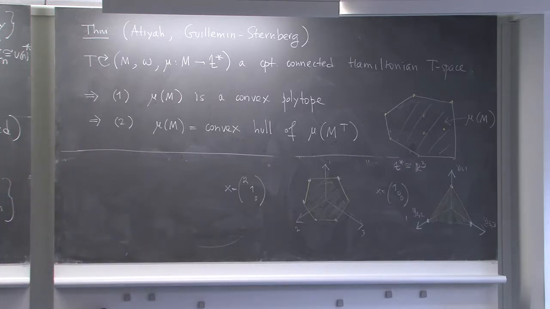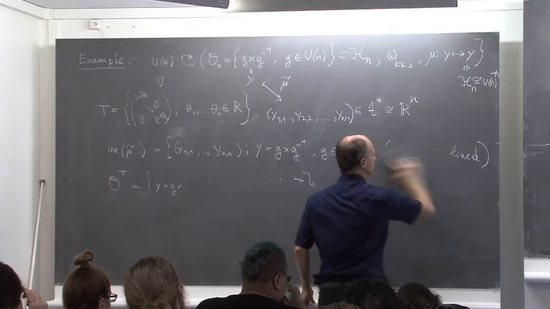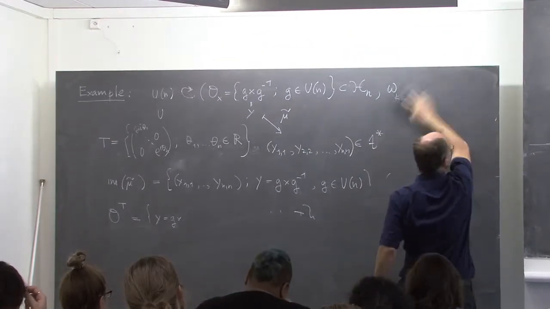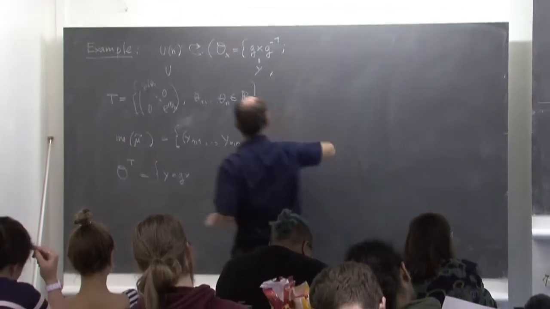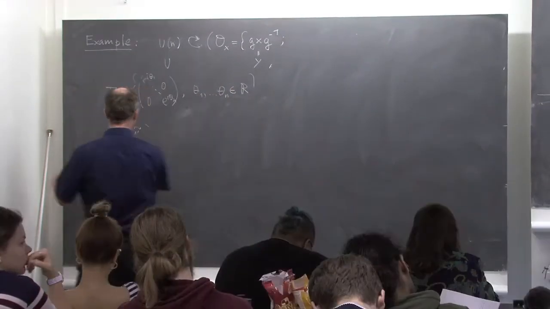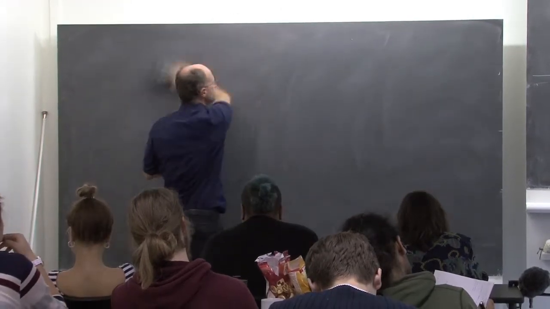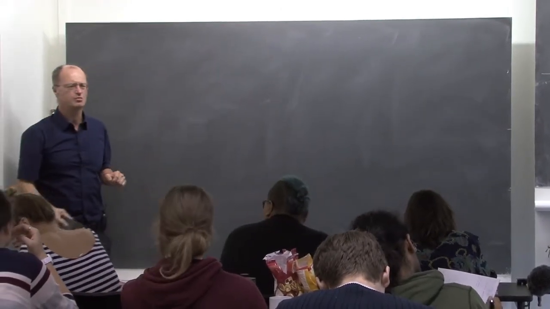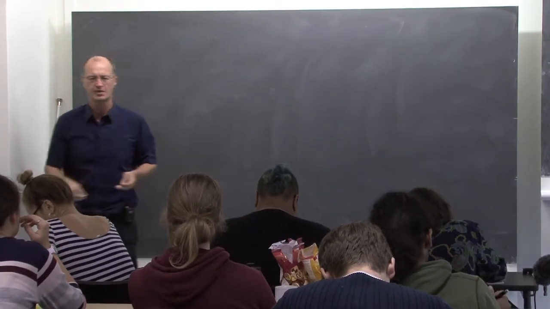OK, so now we'll try to advance in the direction of the proof of the convexity theorem. I don't think we've finished the proof today. And I must say, at some point, probably I'll resort to a little bit of cheating. You will see.